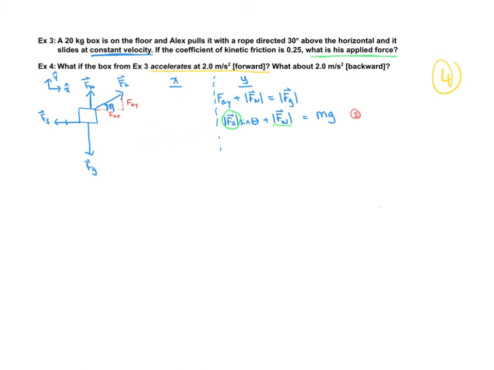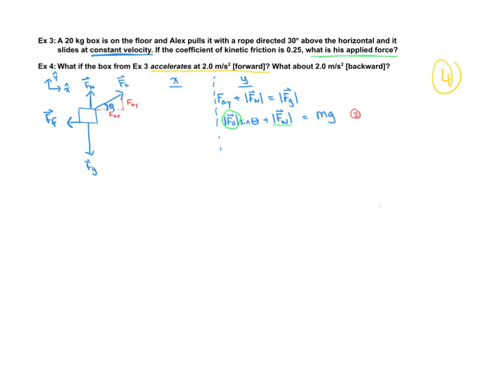It's no longer balanced in the x direction. Actually, better adjust my free body diagram to make it so that they're not balanced. It's going to accelerate to the right. So friction will end up being smaller than the x component of applied force.